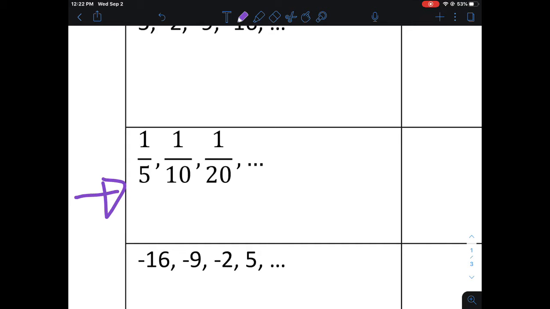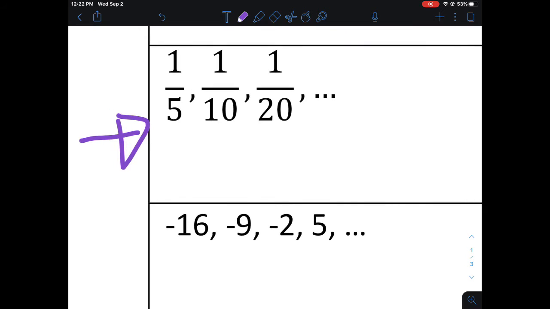Okay. So if I were to convert, let's try addition and see if we can do that. 1/5 will make 4 out of 20, since 5 to 20 is times 4. And 1/10 becomes 2/20, since 10 times 2 is 20, so multiply the top by 2 as well.